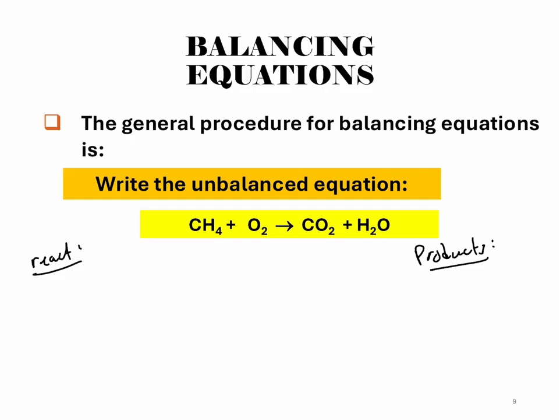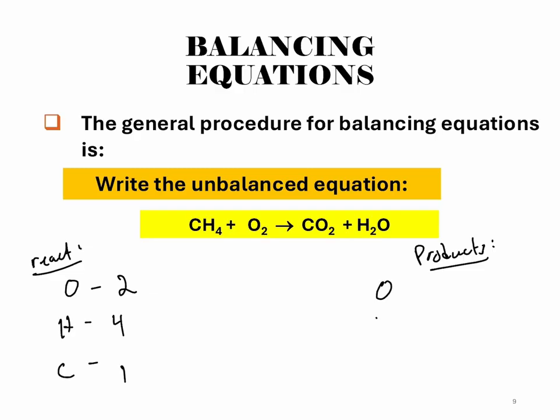So how many oxygen atoms do we have on the reactant side? 2, right? Because we have one oxygen molecule that has 2 oxygen atoms. How many hydrogens do we have? 4. And how about carbons? 1, right? We only have 1.